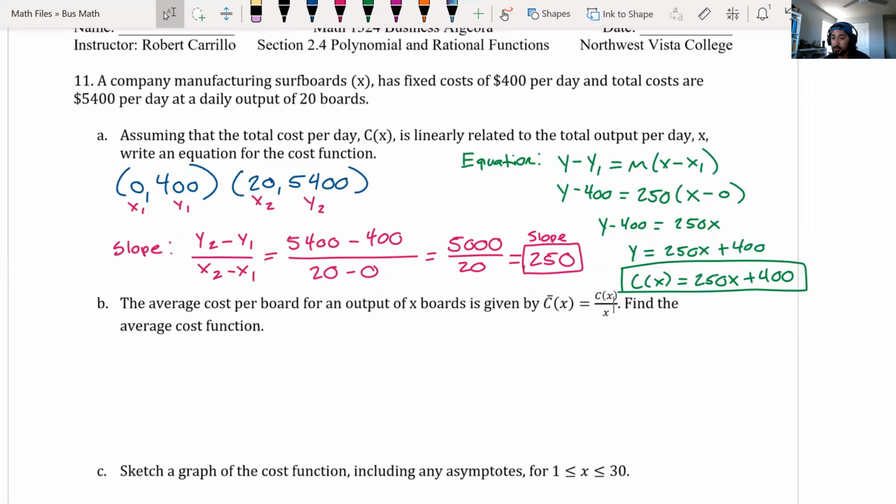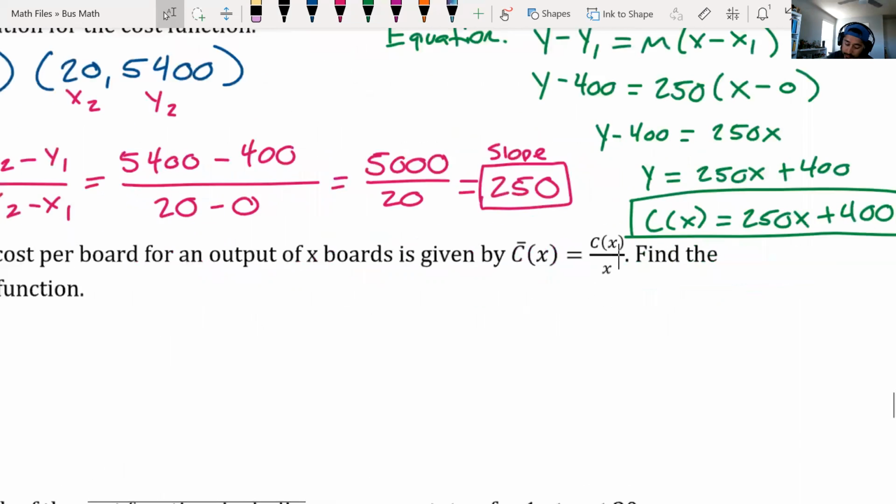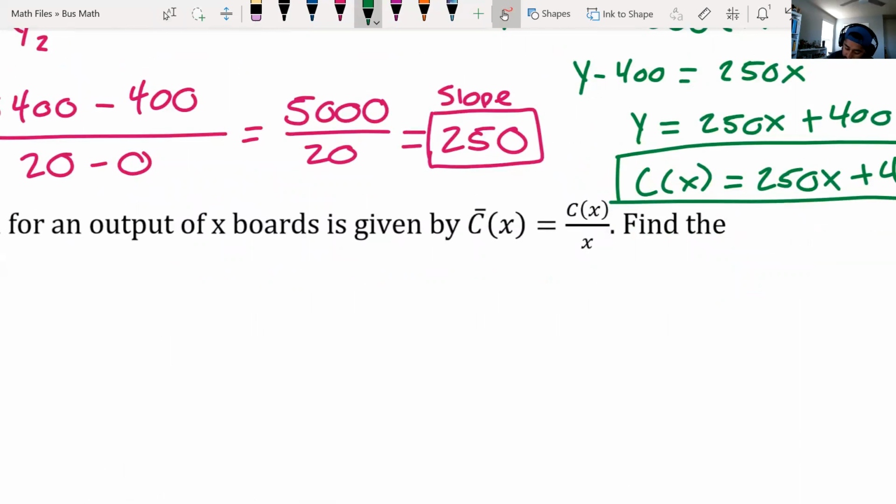The average cost per board for an output of X boards is given by the formula C bar of X equals C of X over X. Find the average cost function. So this formula they're giving us is called the average cost function.